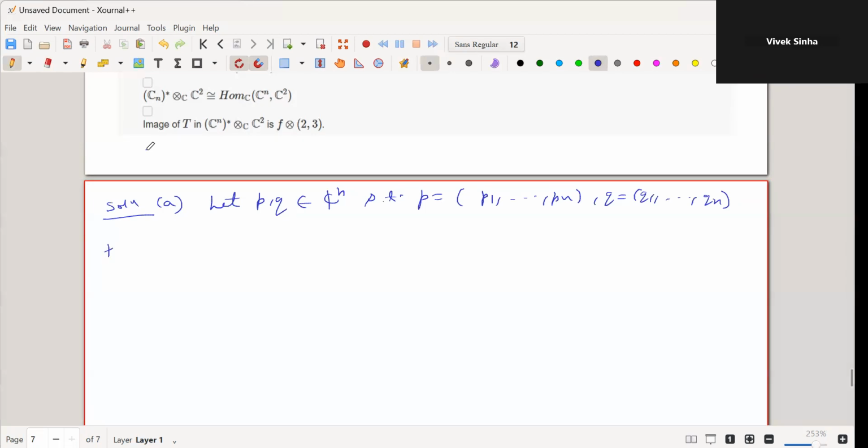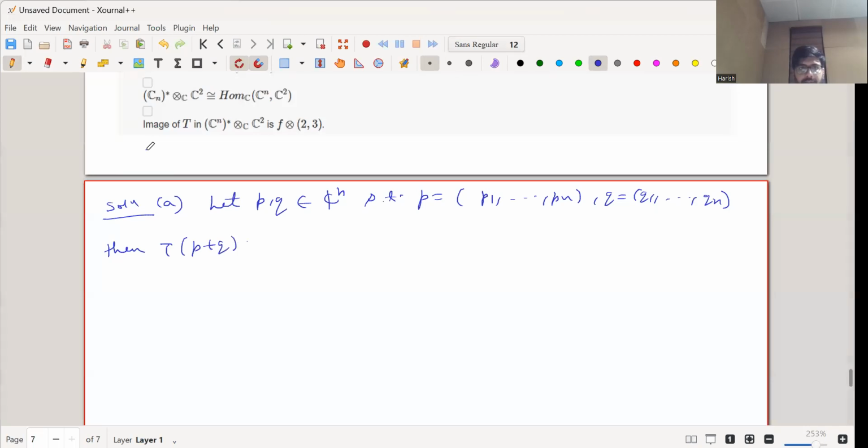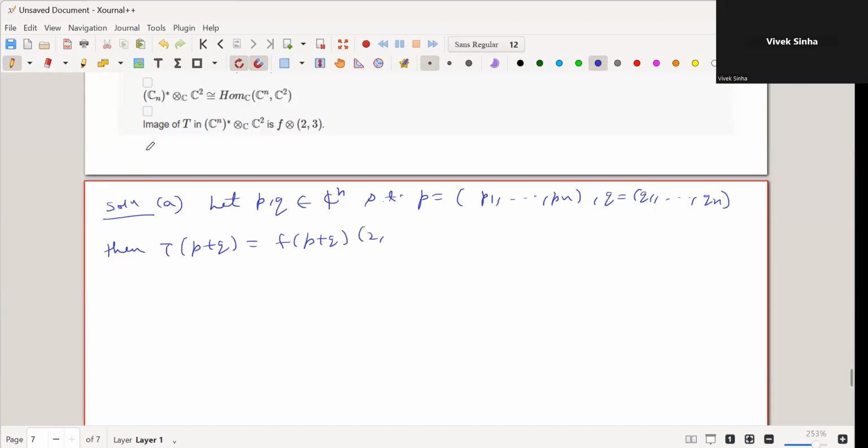Then T(P+Q) is F(P+Q)(2, 3), and F(P+Q) is what? It is F(P) plus F(Q), right?